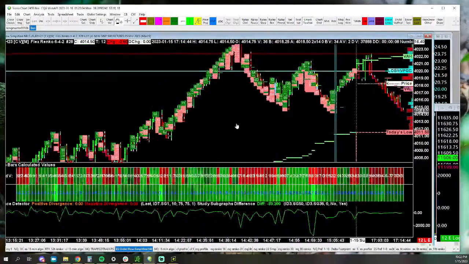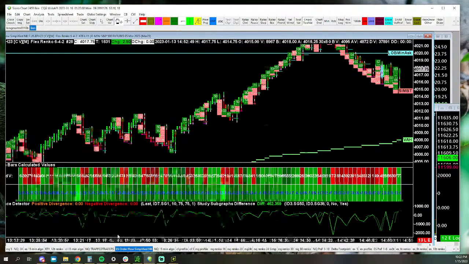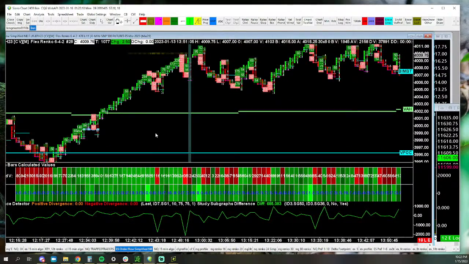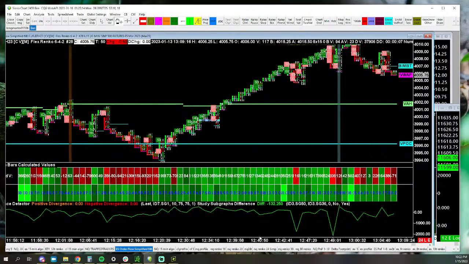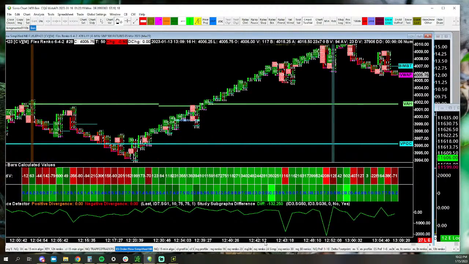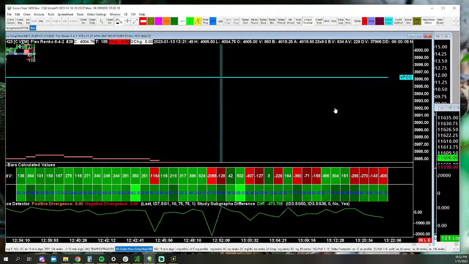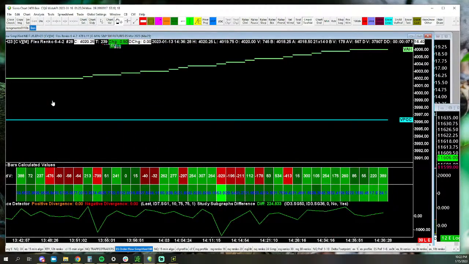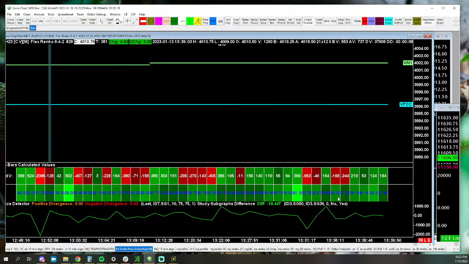So now what we can look at is the lower one, and what I want you to see is we're going to look for situations where that lower indicator has divergence, and then we're also going to look at the zero level. See that zero line right there? Do they eventually put a line there or no? They don't. Let's put a line there. I thought there was a line there, but I guess there's not.